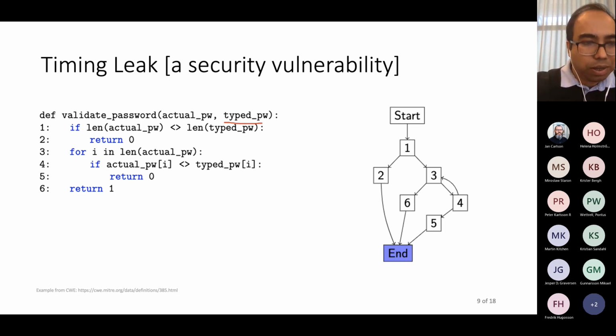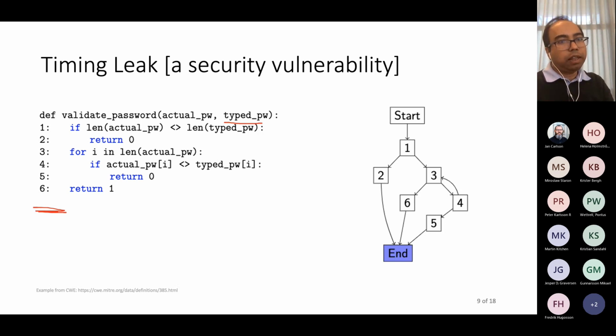Otherwise, from statement 3 to 6 in a loop, it checks each character one after another. So we see that there is a difference of timing, in the sense that if the actual password and the typed password are different, the program will terminate very quickly. If an observer can observe the timing information, they know that this is not the actual length of the password, so they can try different passwords.